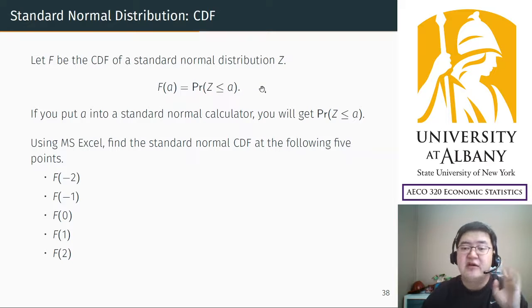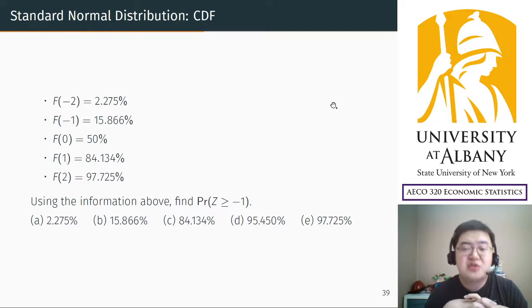Keep that in mind. Then a natural question is, how can we calculate probability of a different form? For example, probability greater than something. Probability greater than -1. This is different from the cumulative probability. It's not cumulative, it's greater than -1, -1 or larger.